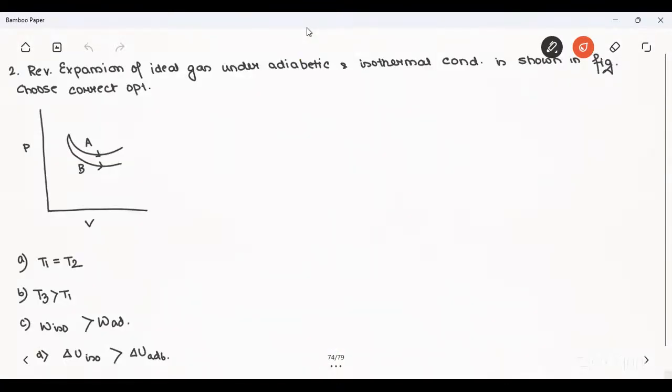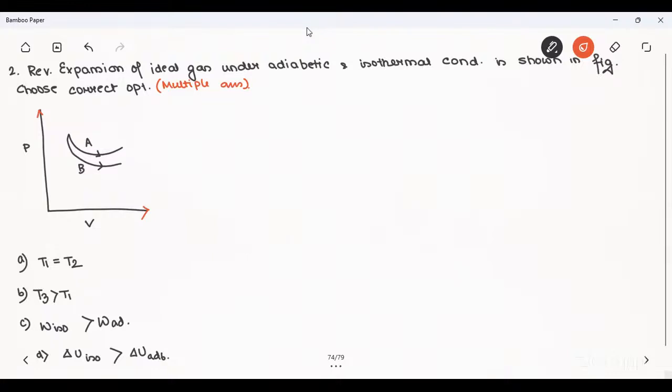Now, reversible expansion of ideal gas under adiabatic and isothermal condition is shown. Choose the correct answer. This will be multiple answer. How to solve this? Remember, in my last class, before starting degrees of freedom, I gave you a graph like this and told you A has to be isothermal, B has to be adiabatic.